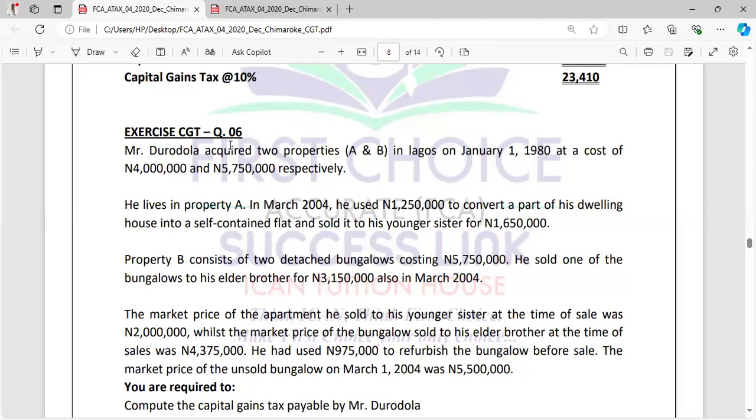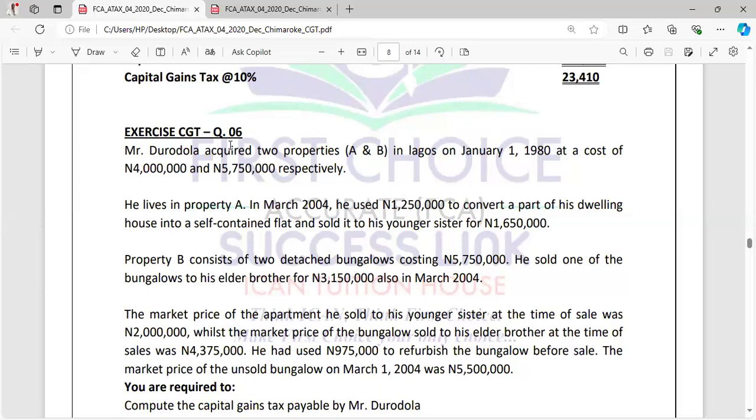Now, don't be fooled by any story after that is said in property A. Some people might be confusing themselves to think that this 1,250,000 is improvement cost. Yes, it's an improvement cost, but it's not relevant to capital gains tax. Yes, he converted it to a self-contained, but he sold it again to his younger sister.